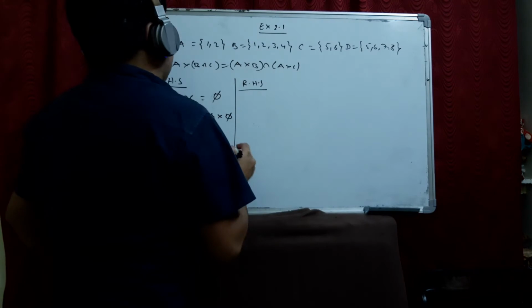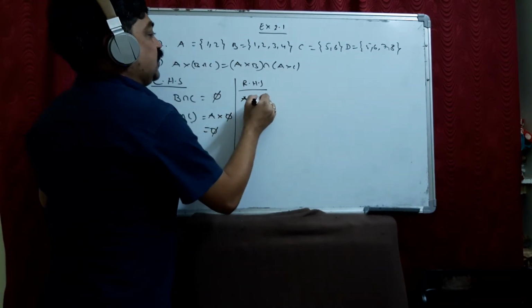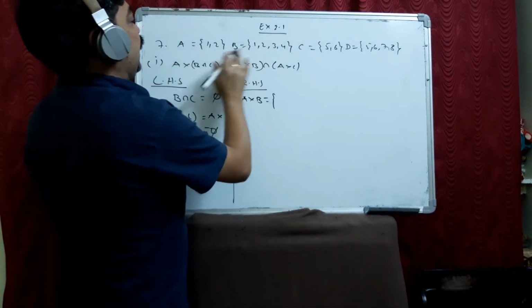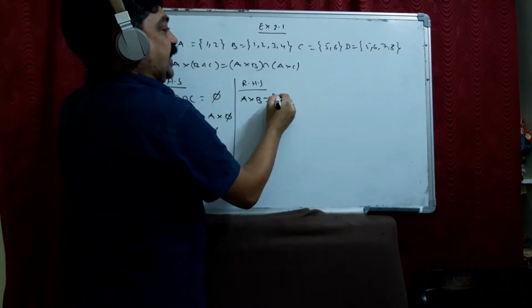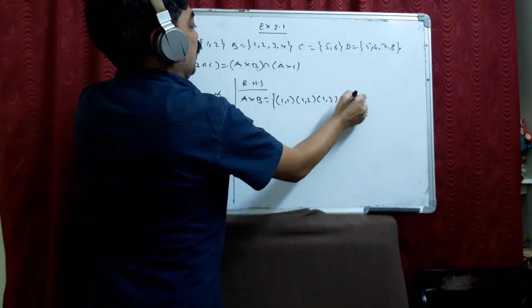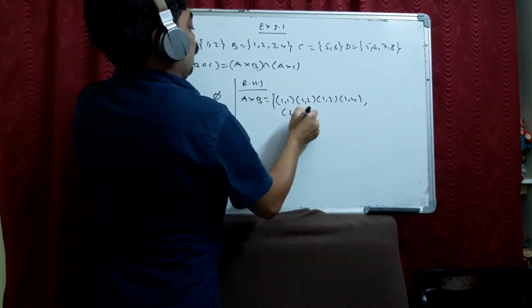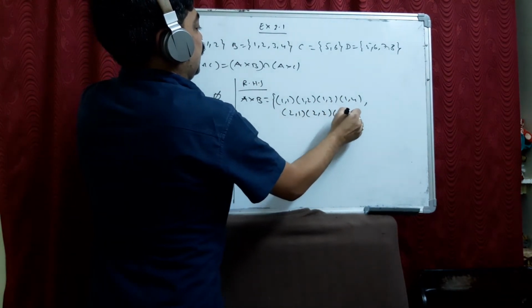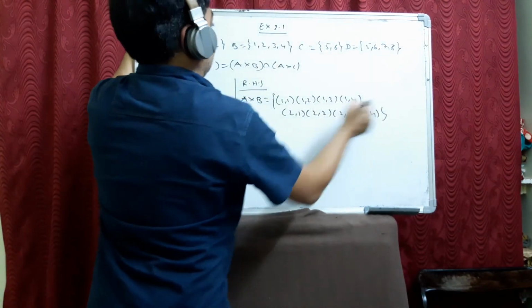Let us do the RHS also. Let us do A cross B first. What is A cross B? Okay, 2 here, 4 here, you get 8: (1,1), (1,2), (1,3), (1,4), (2,1), (2,2), (2,3), (2,4).